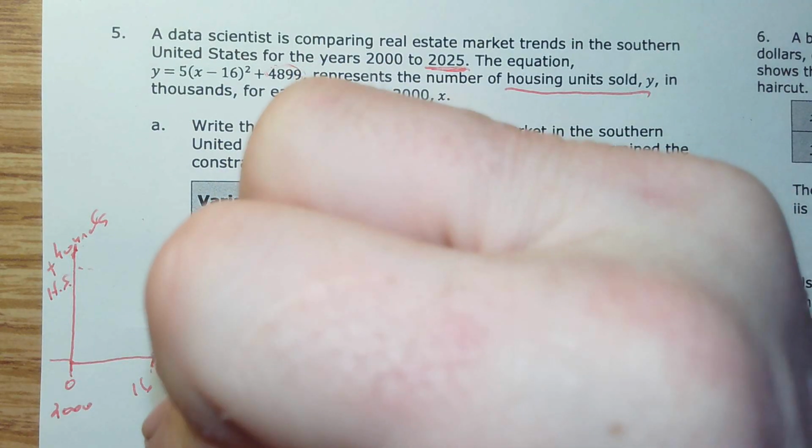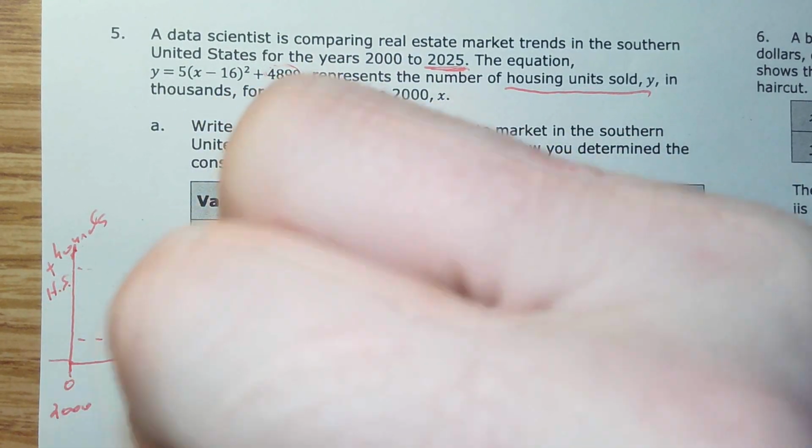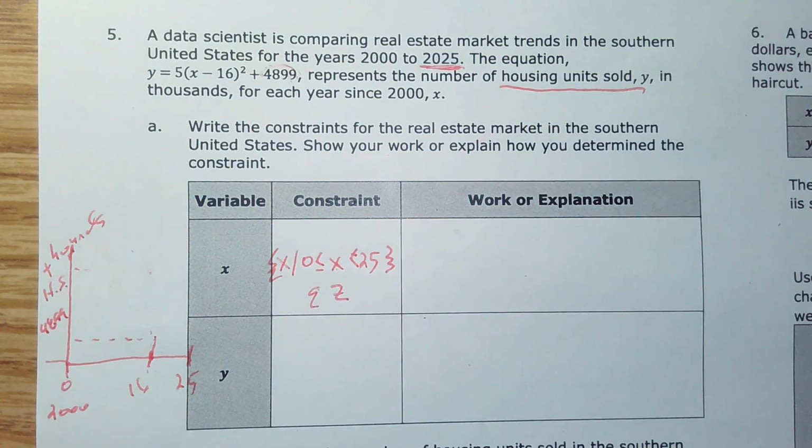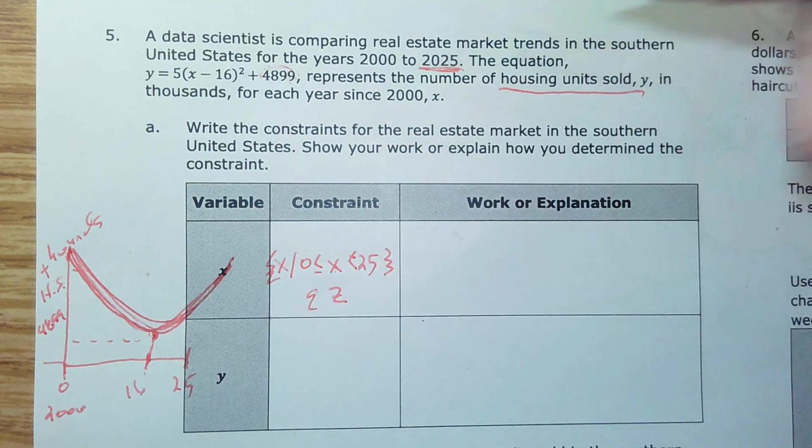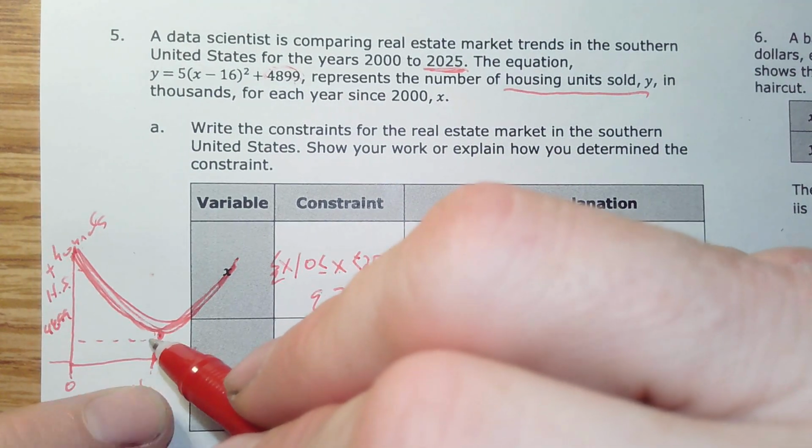It was almost 4,900,000 homes sold. Let's bring that down a little bit. It's a minimum, so no reason to bring it so high. All right, so this is 4,899,000 homes sold right there. So a concave up parabola does that. Okay, so that's my minimum value.